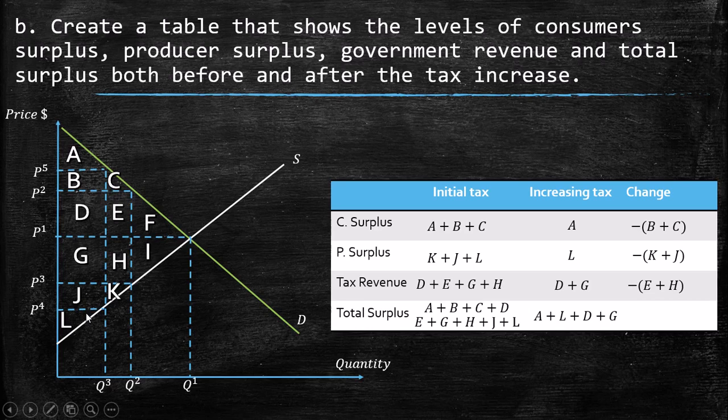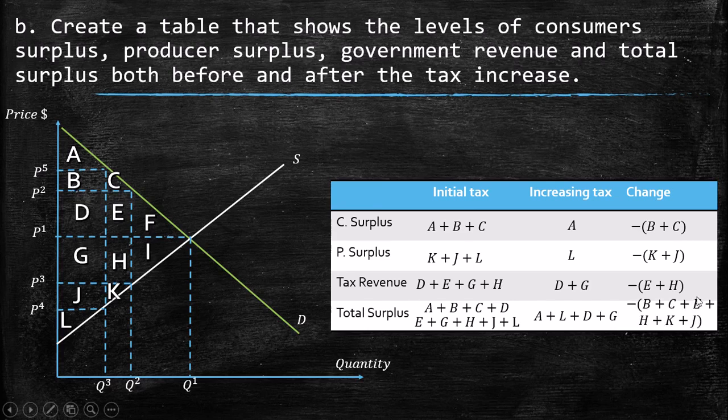And the tax revenue, they won't receive E and H, but instead they will receive B and J. Here is minus E plus H, but it's going to be plus B plus J because they didn't have this before, but they have this now, so it's BJ.